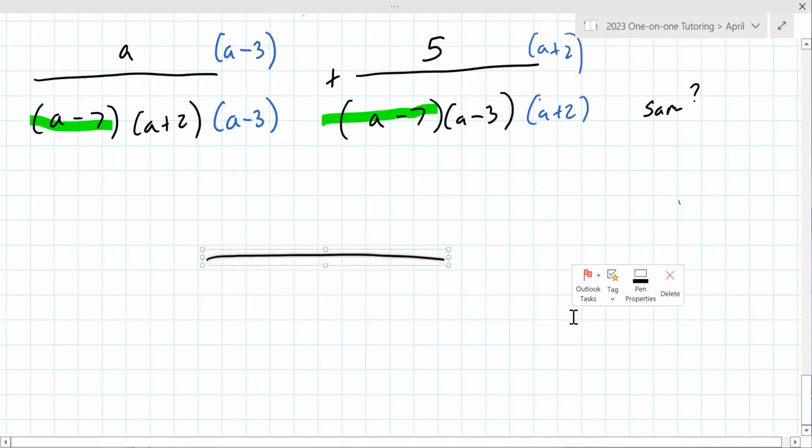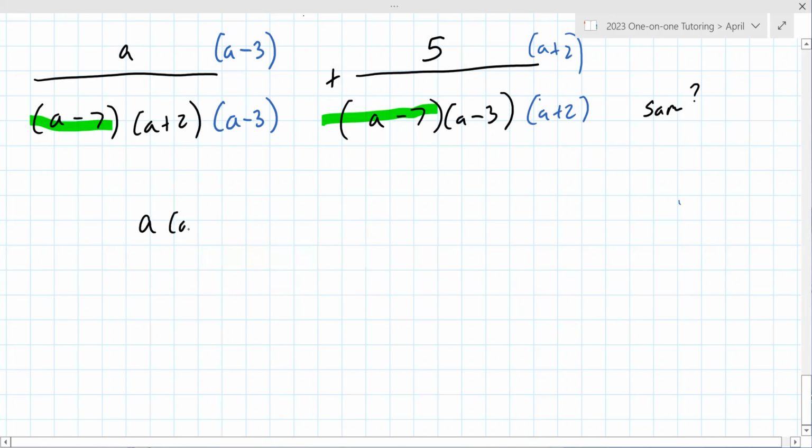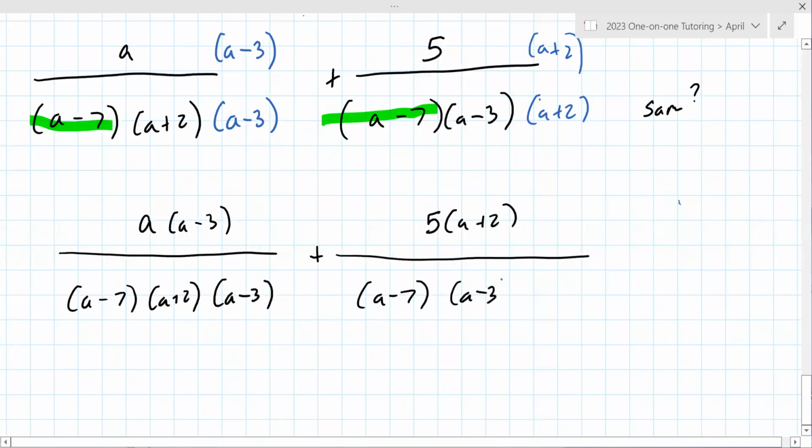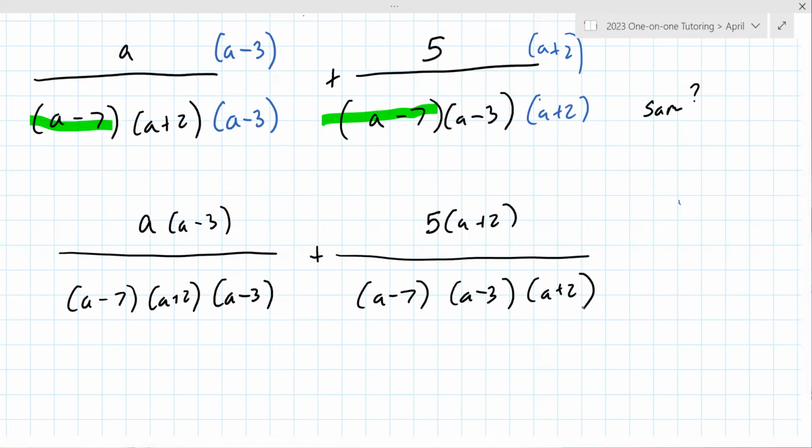Actually, I probably should just rewrite this one more time here. Okay, do you agree that the denominators are the same now? The bottoms are the same? Yes. The order doesn't matter, but they are the same.